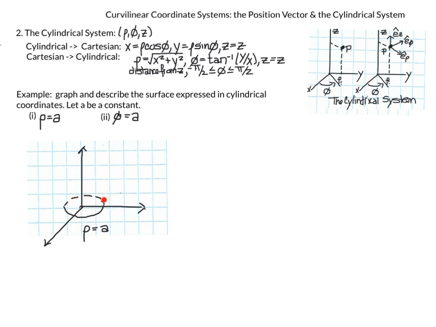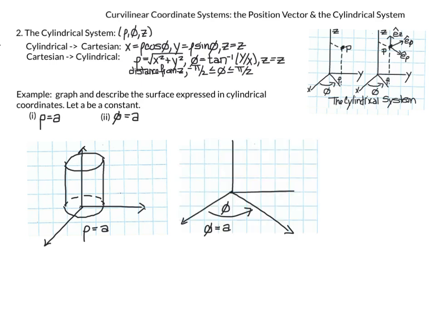So it's like this circle if we're just looking at z equals 0. But of course, we're in 3 dimensions, and this holds for all values of z. So this circle just gets repeated all the way up and all the way down the z-axis. So what we have is a cylinder.